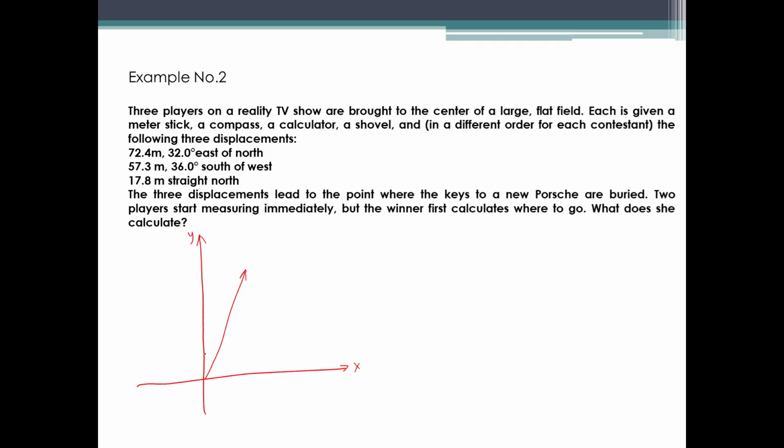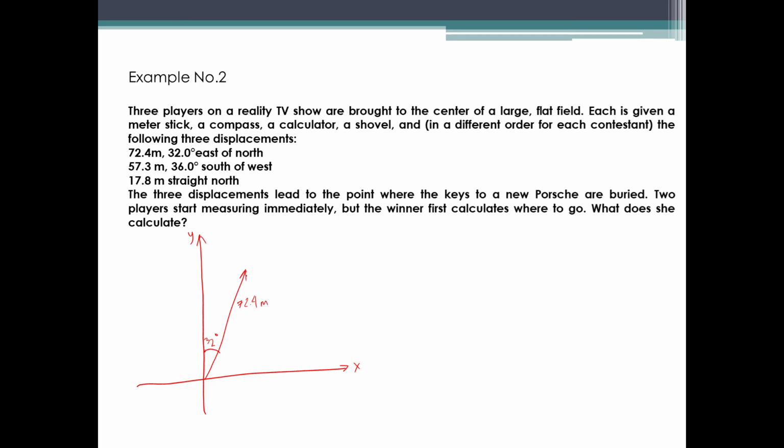So you base on north, then go east by 32 degrees. So this is your 32 degrees. And then the magnitude of this vector is 72.4 meters.